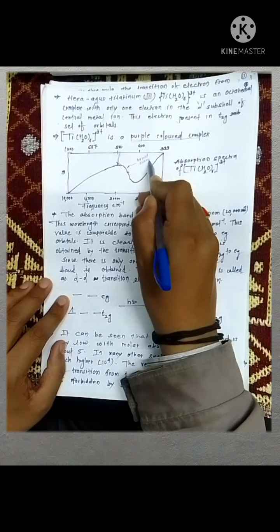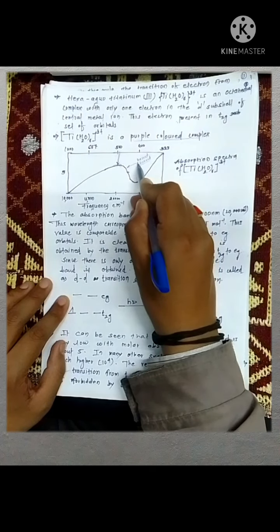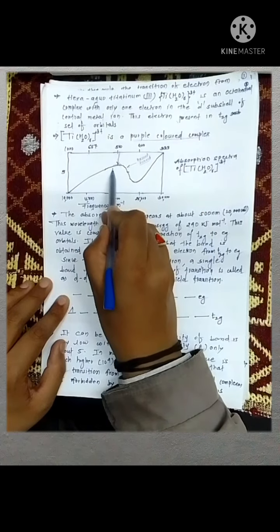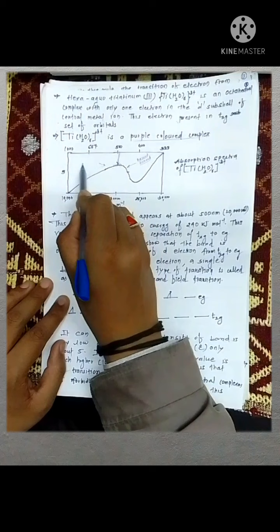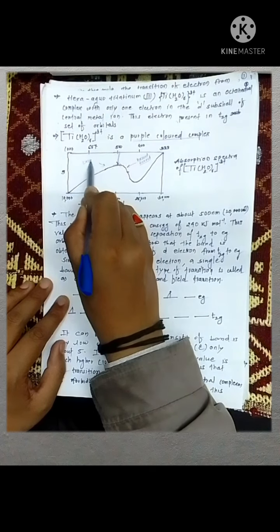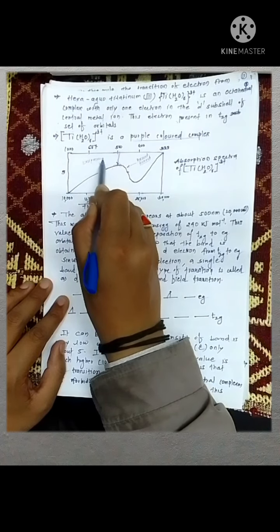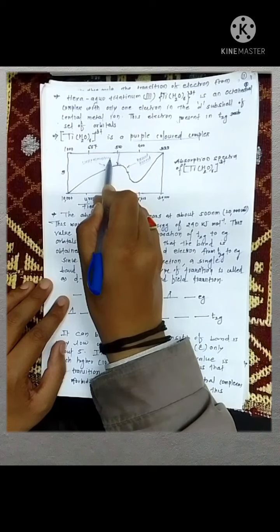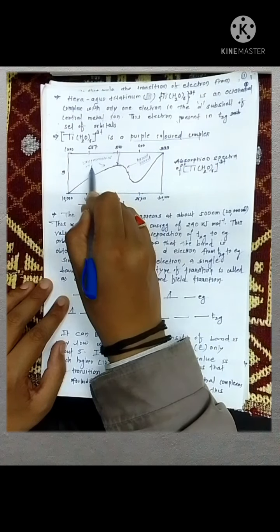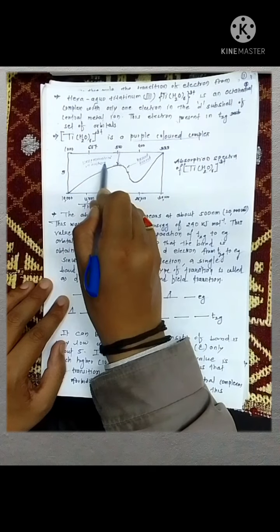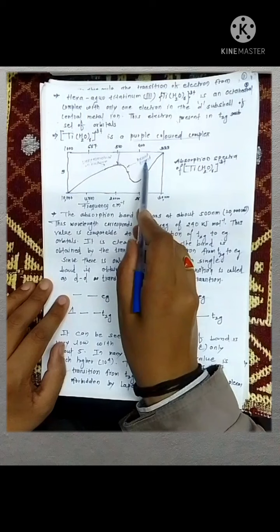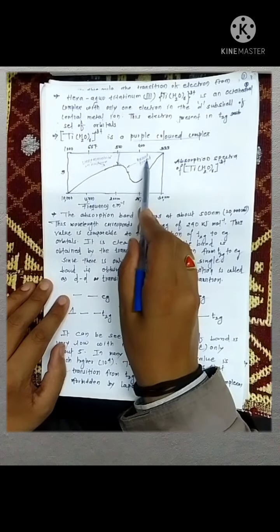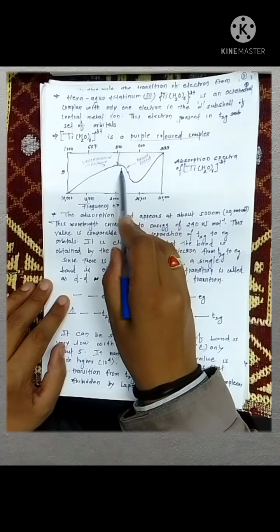Besides that, it is not a symmetric signal, it is an unsymmetric signal. We are now going to see why this signal is unsymmetric in nature, and why it does not come as a single line but as a broadband.